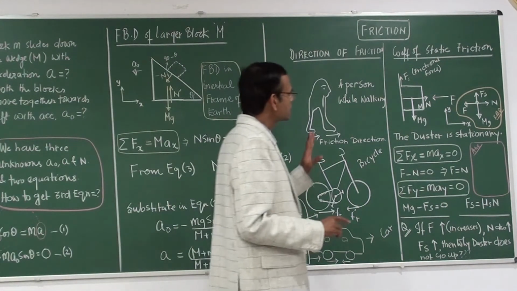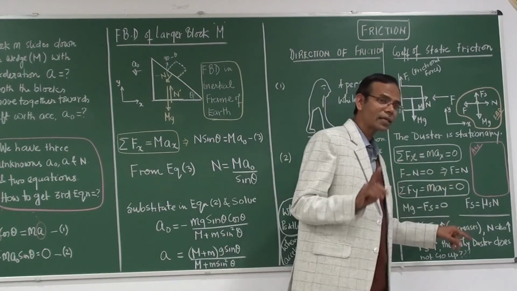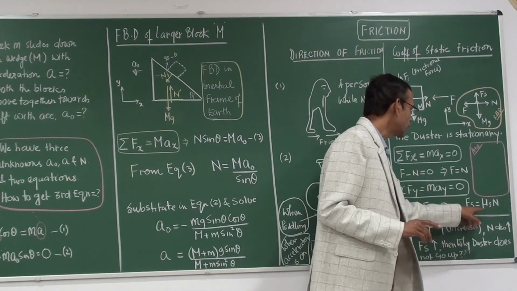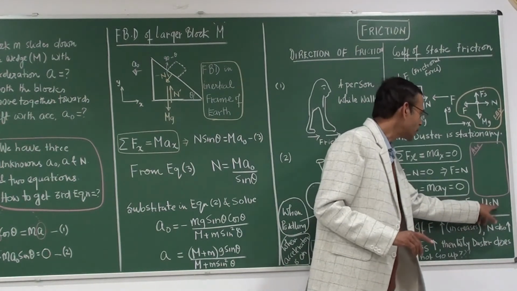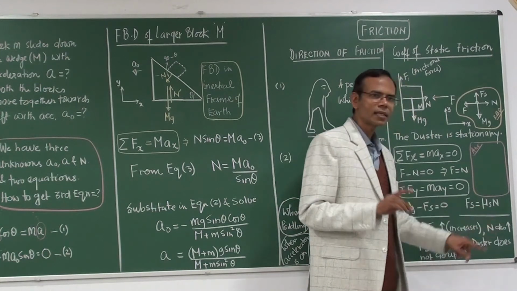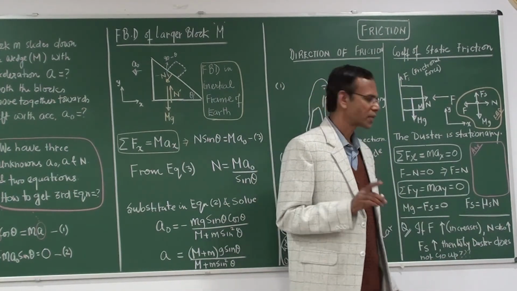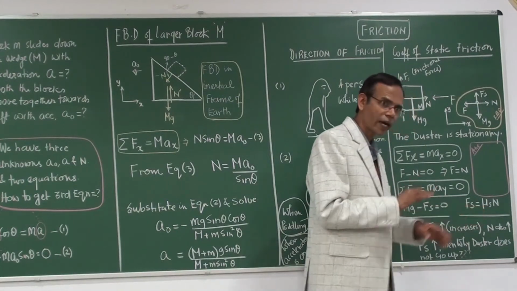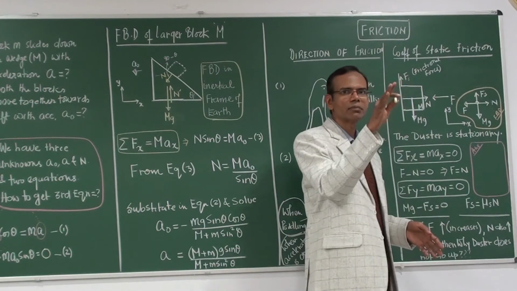So what is the reason? The reason is, whatever I said, it is not true. Here actually the reason lies. When N increases, mu s is not constant. The coefficient of static friction varies from a minimum value, maybe 0, to some maximum value.